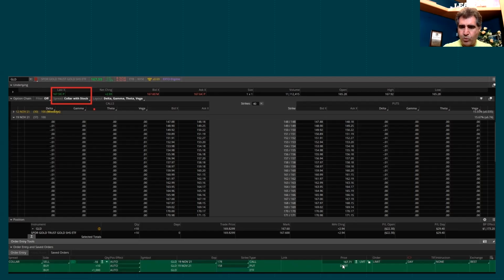And basically what it says, that debit is 167.71, but I will explain next how we get to the real cost of the option, because 167.59 represents part of that 167.71 because it includes 1,000 shares of GLD.